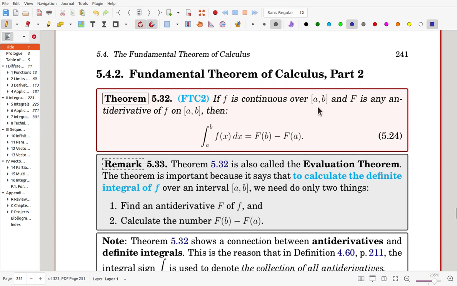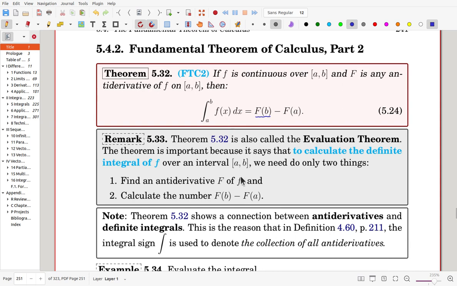If f is continuous over a closed interval a to b, and capital F is any antiderivative of f, then for constants a and b, where the lower bound and upper bound are constant, the value of the antiderivative is evaluated and the difference is taken. So for any antiderivative, it is the value at the end point minus the value at the beginning point.